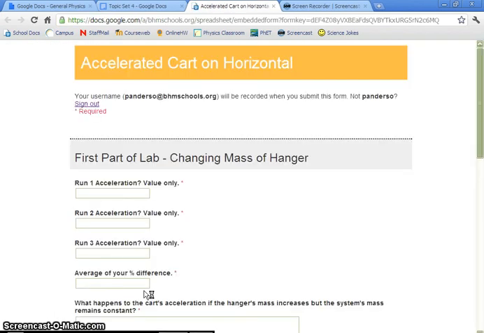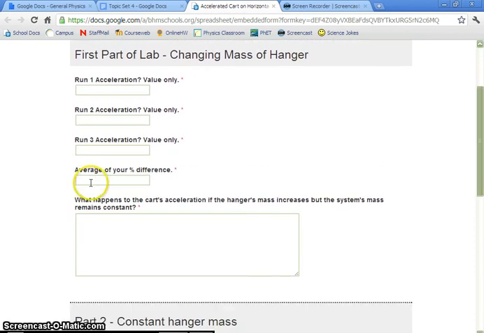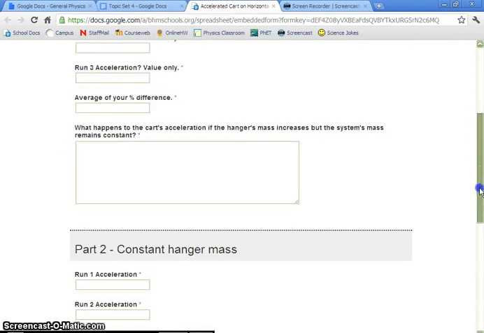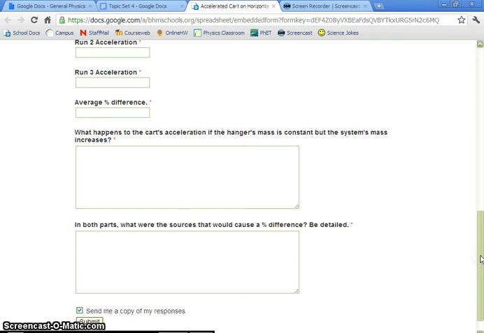And the questions are going to be to look at what was the acceleration value, the experimental acceleration value for each of those. And then your average percent difference, so how did you do when you looked at these different trials, and then you'll have to answer that question. Part 2, again, you're going to go through and give me the experimental accelerations, the percent difference, and ultimately, why do we have this percent difference in the first place?